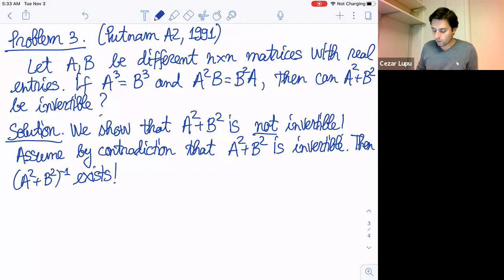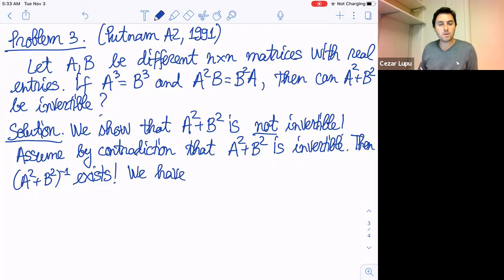Okay. So what we're going to do is the following. How about we do a magic trick. Let's multiply. So we have the following.